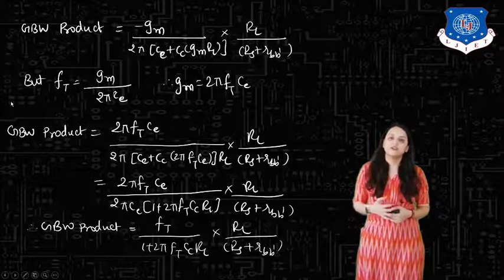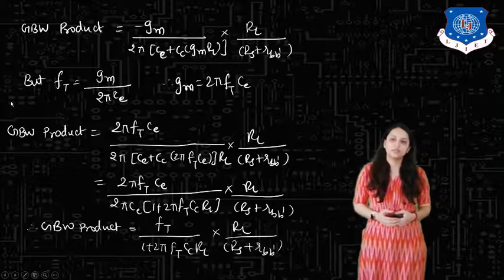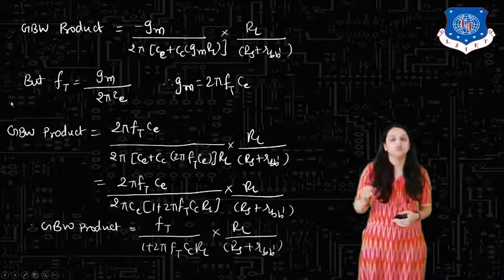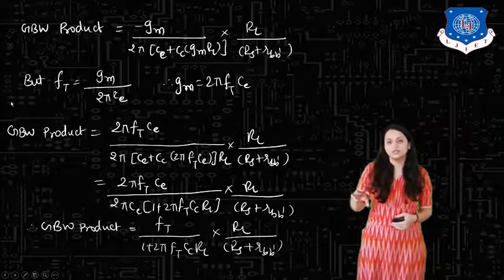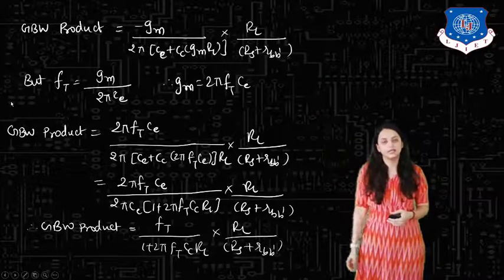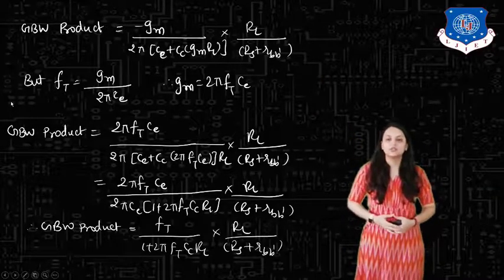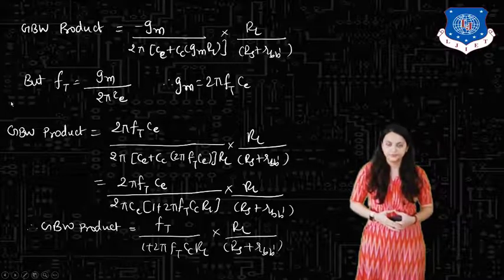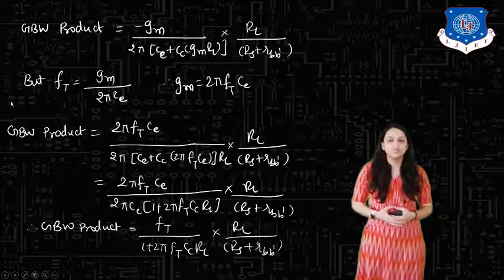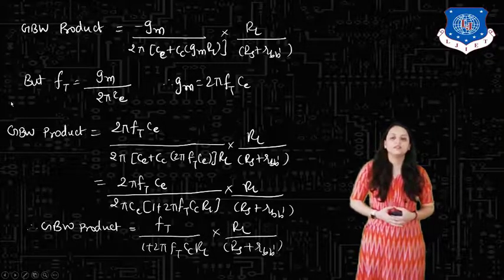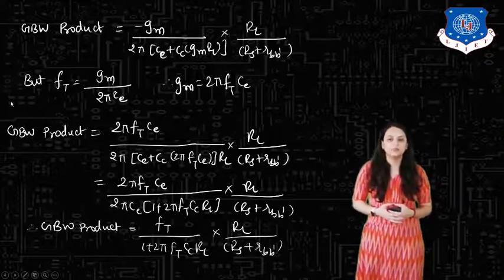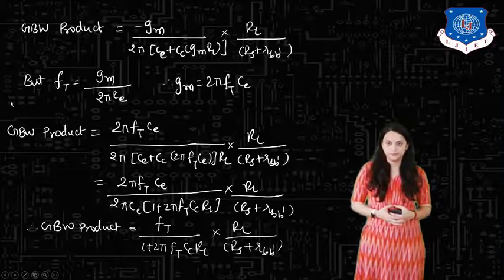But the value of Ft is equal to gm by 2 pi Ce. So gm is given as 2 pi Ft Ce. By placing the value of this gm in the GBW product equation, we will get GBW product equal to 2 pi Ft Ce divided by 2 pi into Ce plus Cc into 2 pi Ft Ce into RL, multiplied by RL upon Rs plus rbb'.